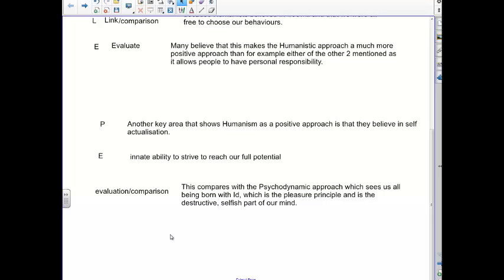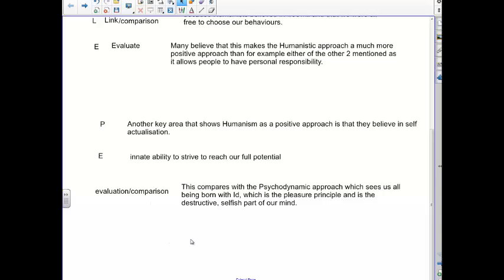Perhaps, look at your sheet, look at some other positives and minuses about the humanistic approach. It may be, because we started with self-actualization, we want to evaluate that a little bit.